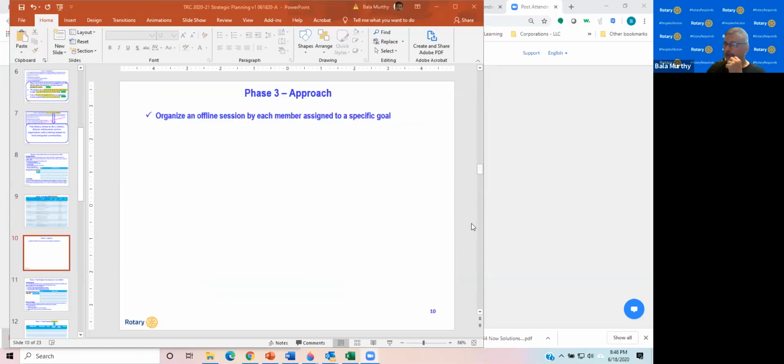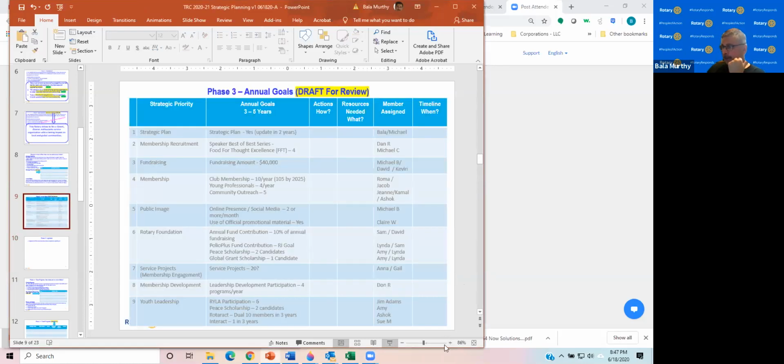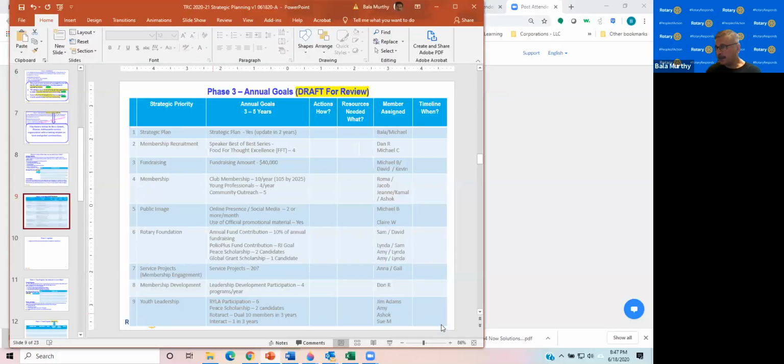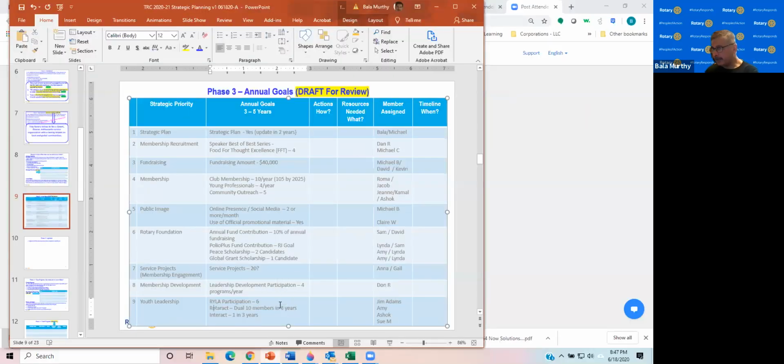Let me put it this way, Dave. Number 9 doesn't all have to be done in the same time frame because each one has its own timelines. So RILA participation, Jim has agreed to take it on. Peace Scholarship, it's here twice, I'll remove that.